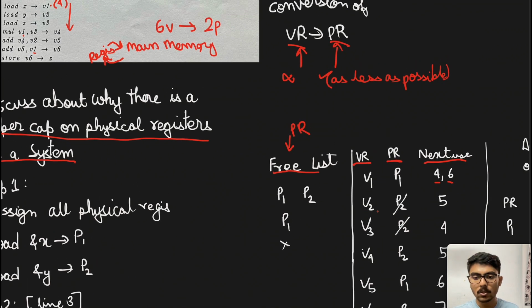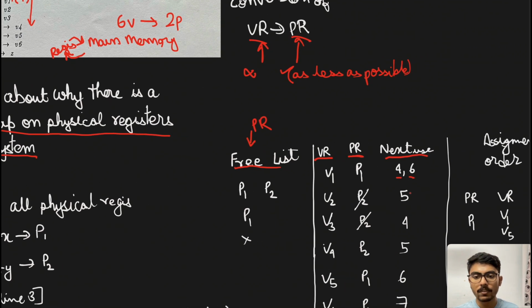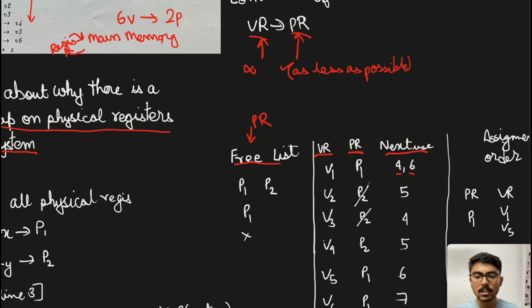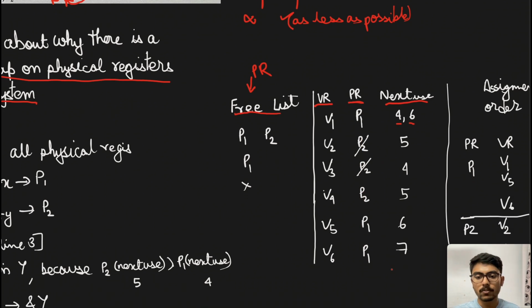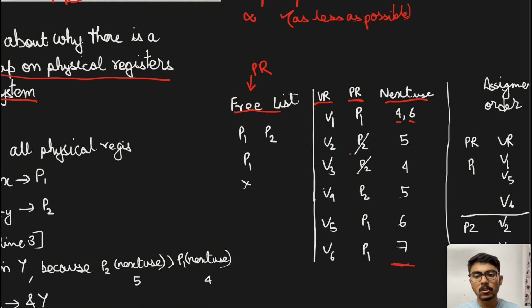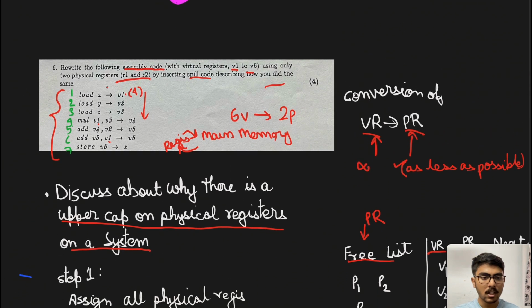We have V2, and for V2 we will see how we will do this. Now I want you guys to not look at this, just focus on this. So in this part we write the next use 5. Now let's go back.